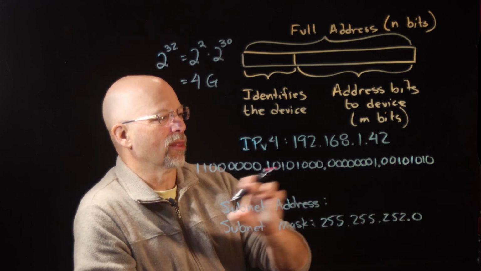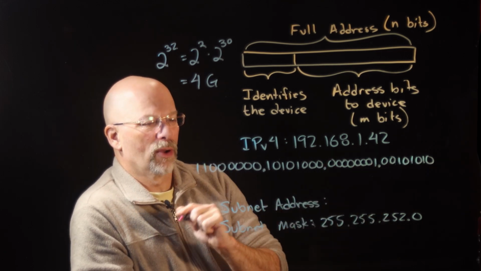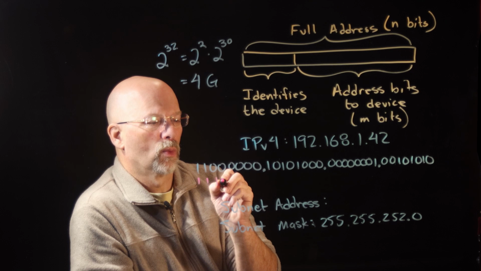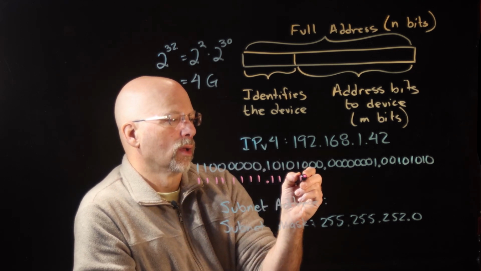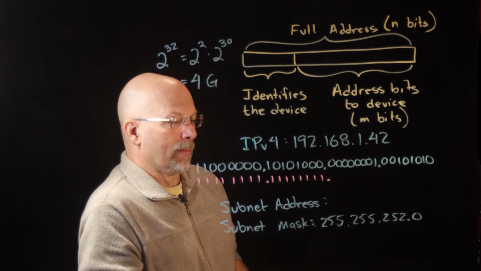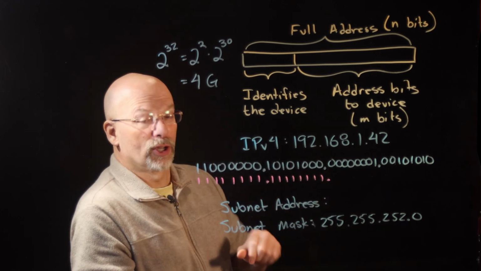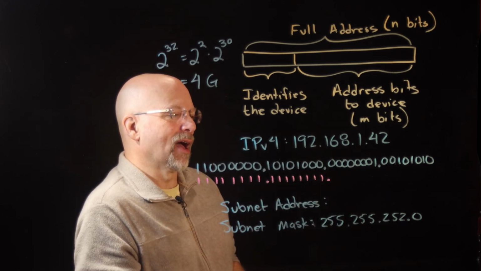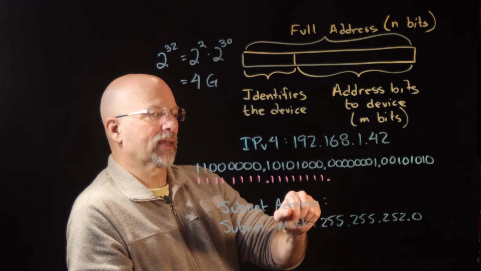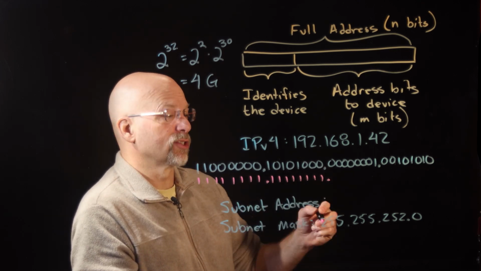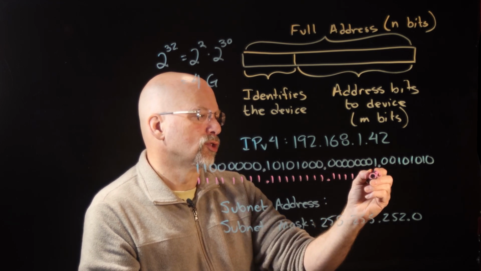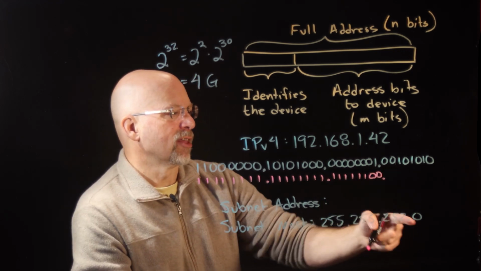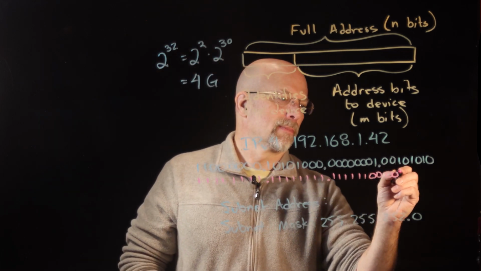So if I put this subnet mask below this address, I'll have 11111111.11111111 dot. Now, 252 is 3 less than 255, so the two least significant bits, the 2 and the 1, turn to 0. So we've got 11111100 dot. And then 0 is just all zeros.